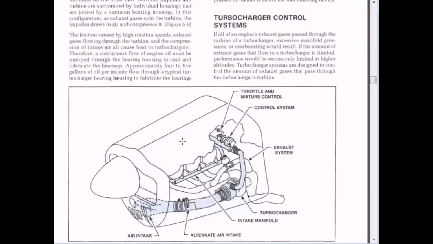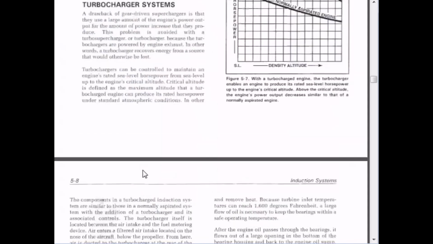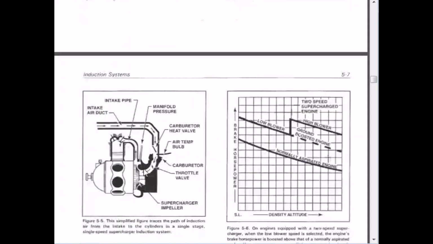If you have the engine running, the turbine might not be running because it is run by exhaust gas. So you need to have enough exhaust gas to push the turbine to turn. So at low speed, the turbocharger is not going to turn. You need to have the engine running at higher speed, at higher RPM to get enough exhaust gas to turn the turbocharger.